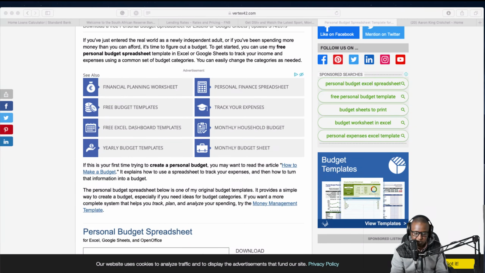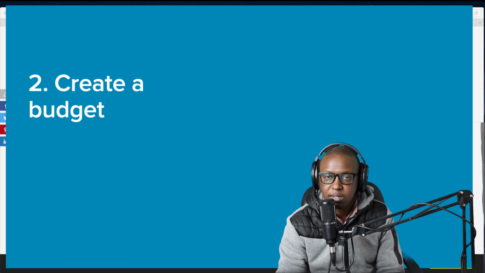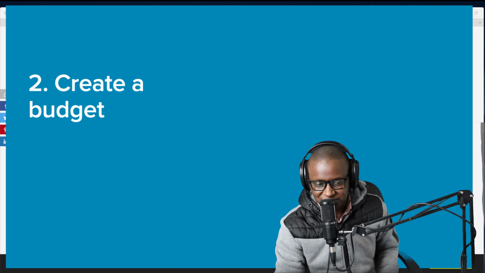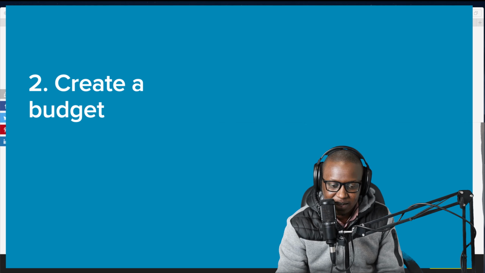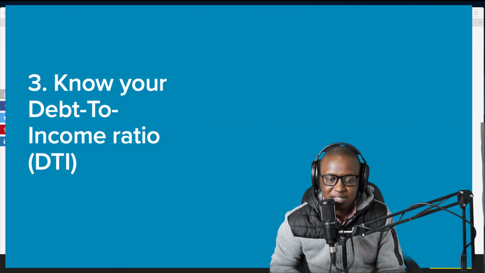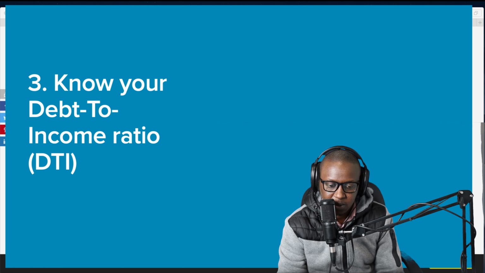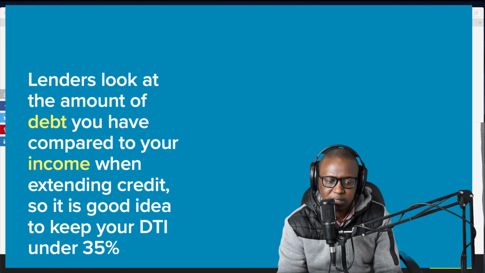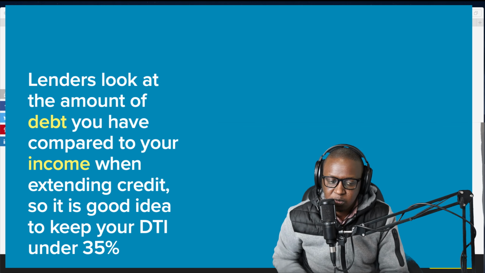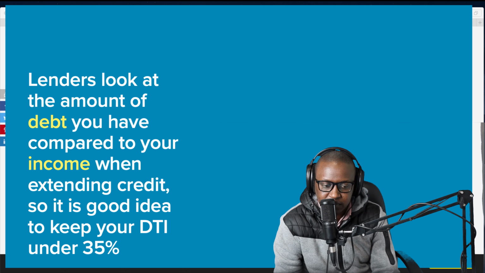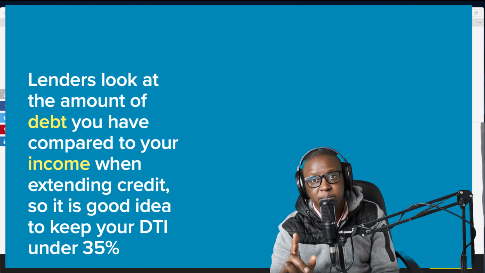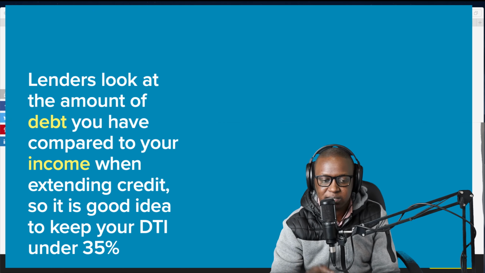Okay, let's move forward. You must let me know if I'm moving fast. All right, the next step is to know your debt to income ratio. What do we mean by that? What is a debt to income ratio? Lenders look at the amount of debt you have compared to your income when extending credit. It's a good idea to keep your debt to income ratio under 35%.